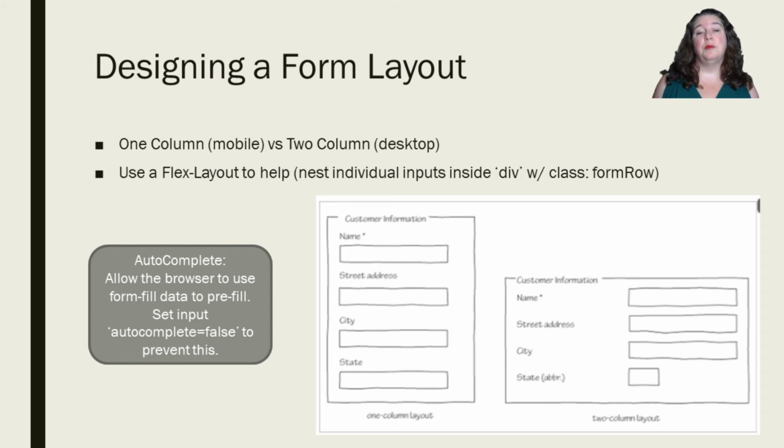where we allow the browser to either use form fill data to pre-fill it, or to tell that we want it to be false. Browsers these days are going to store things like your name and your address and your email address, and let's make these really easy for you. You can choose to have the browser pre-fill those form-filled data by setting autocomplete to true, or you can choose to set autocomplete to false to prevent this.